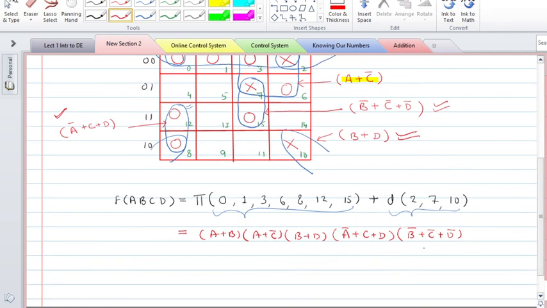Okay, so this will be the final POS form representation of the minimized expression.